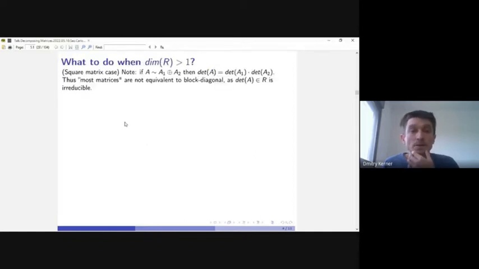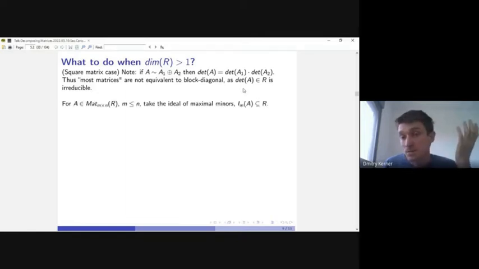Well, let's start with the square matrix case. Once again, this is the silly observation: if a matrix is left-right equivalent to a block diagonal, then the determinant must factorize. Therefore, most matrices will not be equivalent to block diagonal because the determinant is irreducible. So the minimal necessary condition is the reducibility of the determinant.